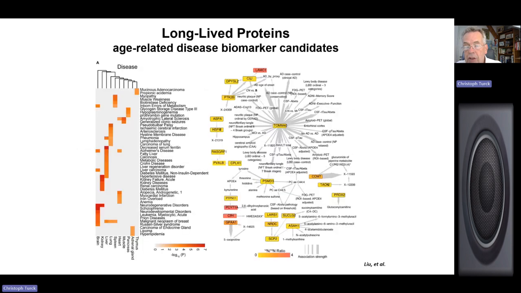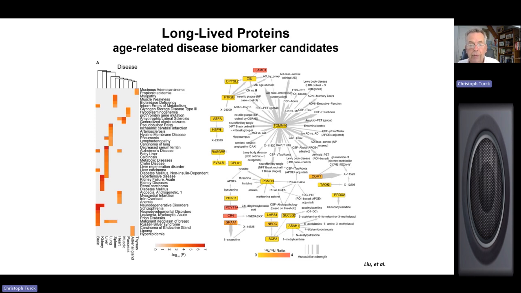And more interesting for me, of course, are long-lived proteins in the brain. What you see here on the left are the different tissues, and I cannot even read it on my screen, but wherever you see a red square, and then you look on the right for the pathway, for the brain, you find pathways that have something to do with brain disorders, namely neurodegenerative disorders, schizophrenia, and others.